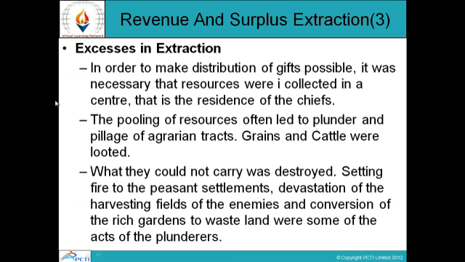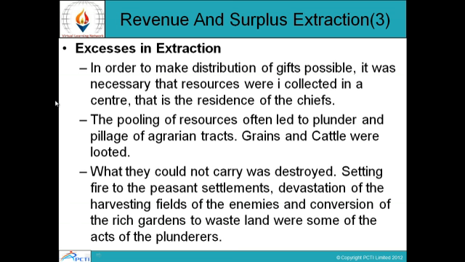Excesses in extraction. In order to make distribution of gifts possible, it was necessary that resources were collected in a center, that is, the residence of the chiefs. The pooling of resources often led to plunder and pillage of agrarian tracts. Grains and cattle were looted, and what they could not carry was destroyed.